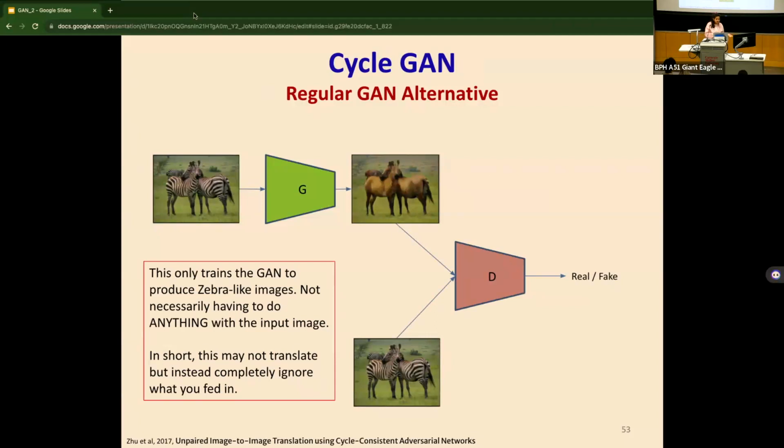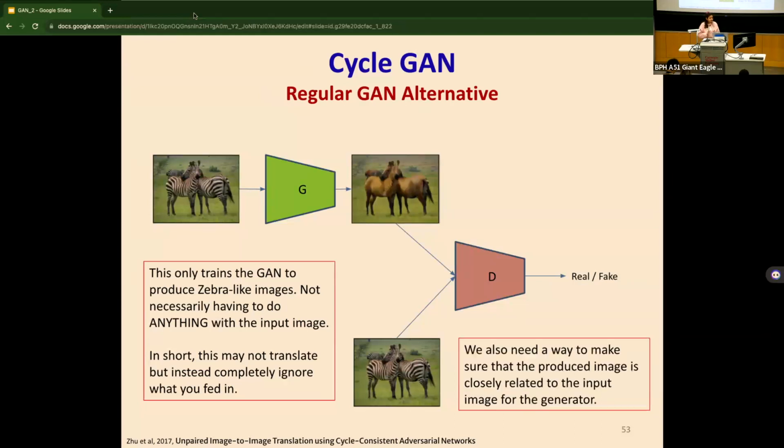And though the generator will try to fool the discriminator, it'll still just generate these images of the horse without actually correlating to the input. So we also need a way to make sure that the produced image is closely related to the input image for the generator. Which is why a normal GAN would not work.